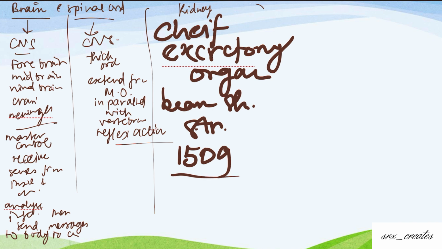Now, a pair of kidneys situated in the lower abdominal cavity. It's in the back side, beside the vertebral column. Kidney filters blood to remove wastes, excreted as urine. It maintains water electrolyte balance, so that we do not suffer in summer season, and acid base concentration in our body.